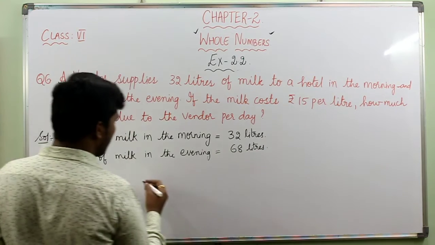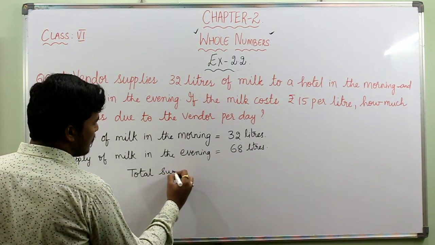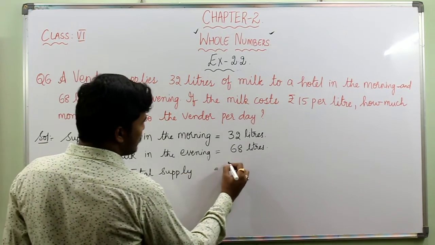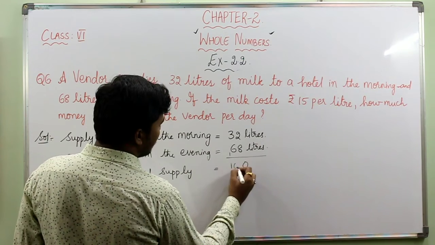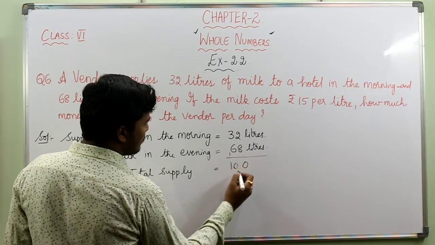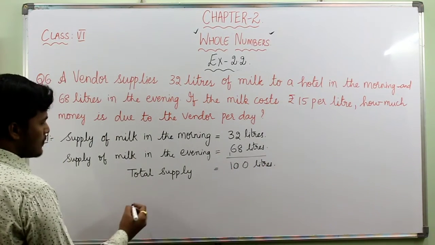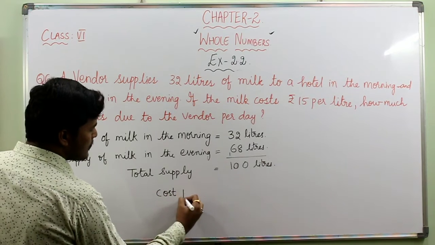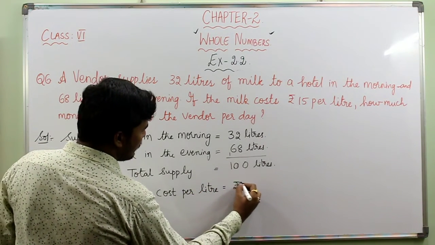Okay, now what will the total supply be? The total supply is the addition of these two, that is 68 plus 32, which will give you 100. So in a day, how many liters is he taking? 100 liters. Okay, the cost per liter is rupees 15.